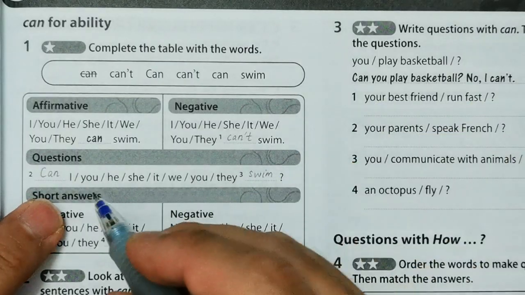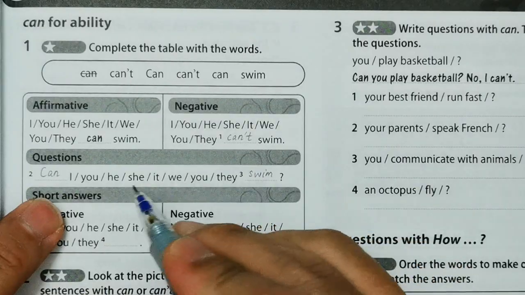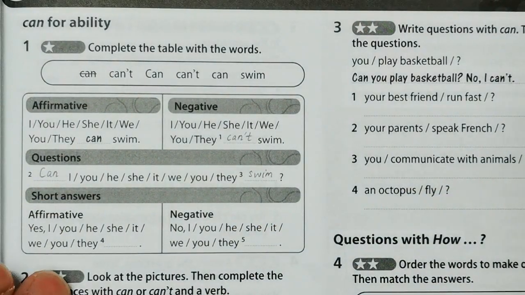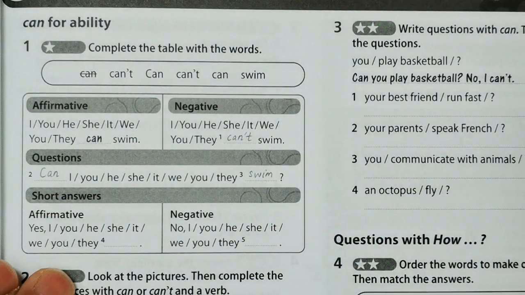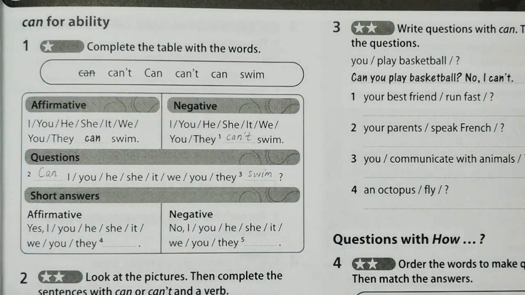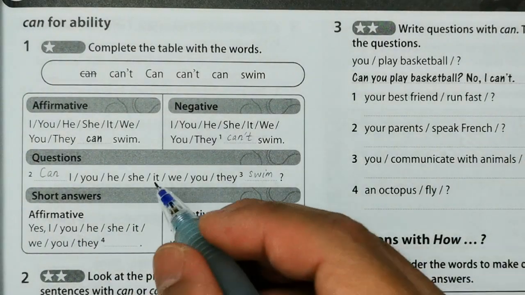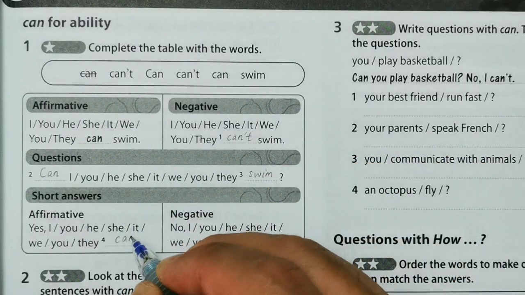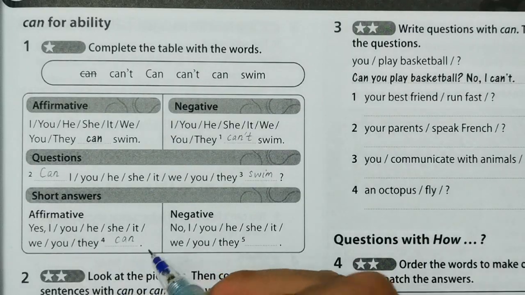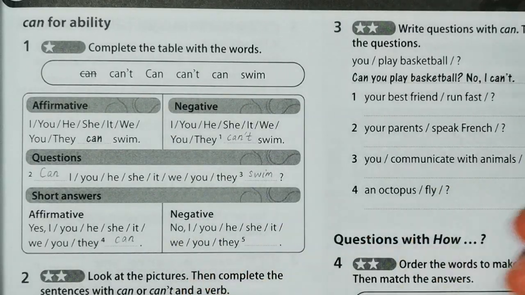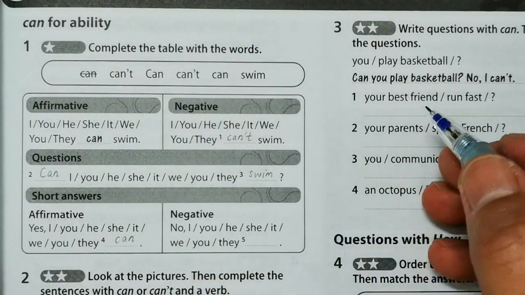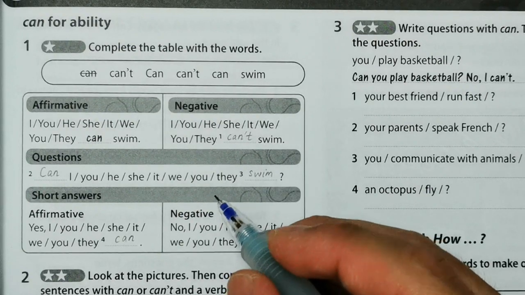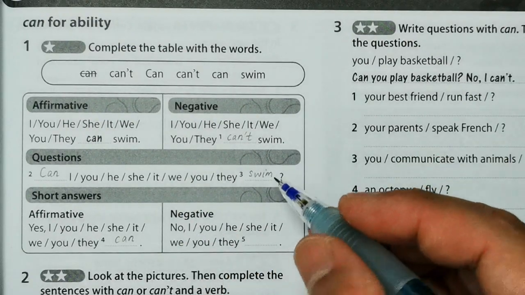Can I swim? Can you swim? Etc. And then we have these short answers, affirmative. If yes, so I can. Yes, you can. Yes, he can, etc. And for negative answers, we have no, I can't.